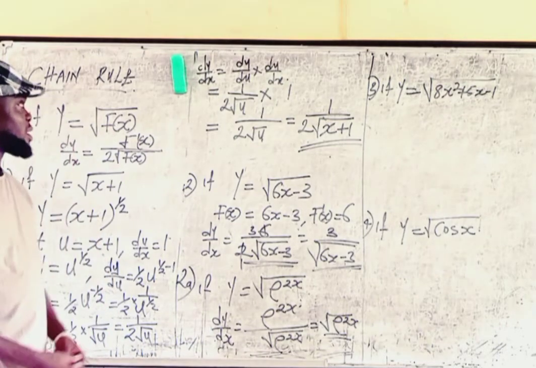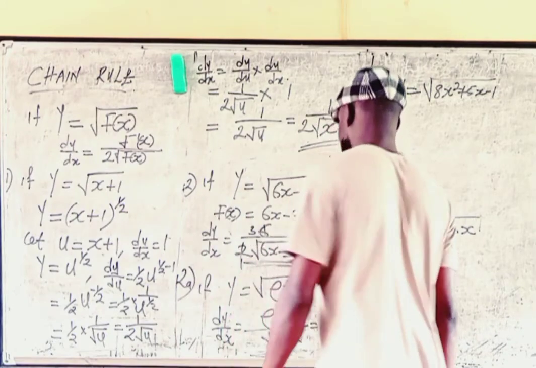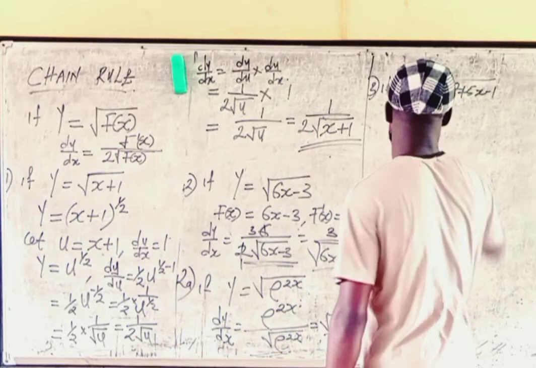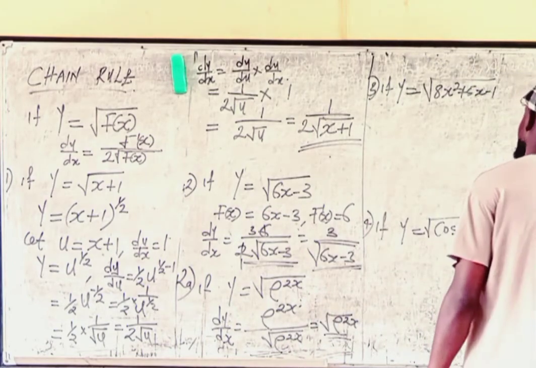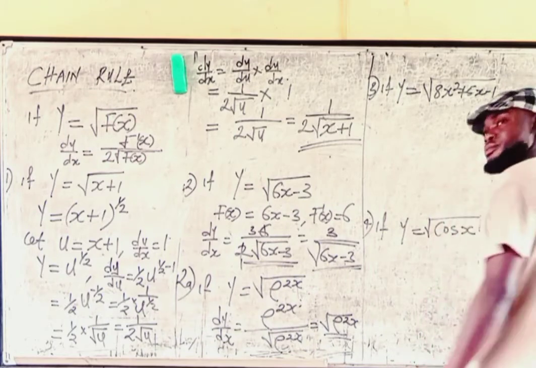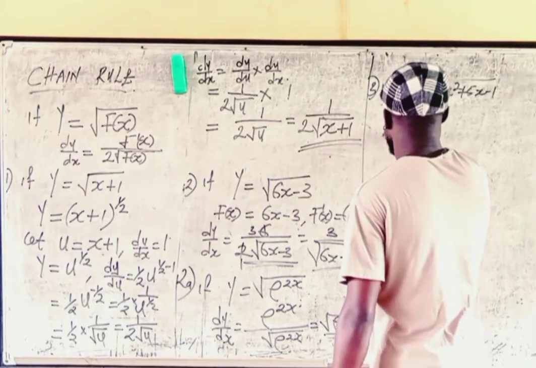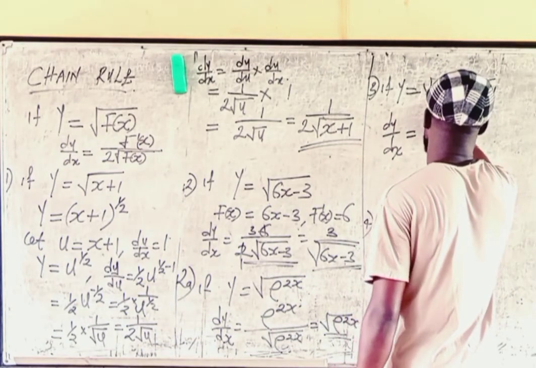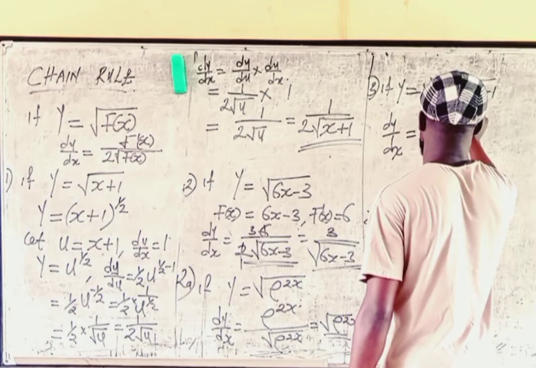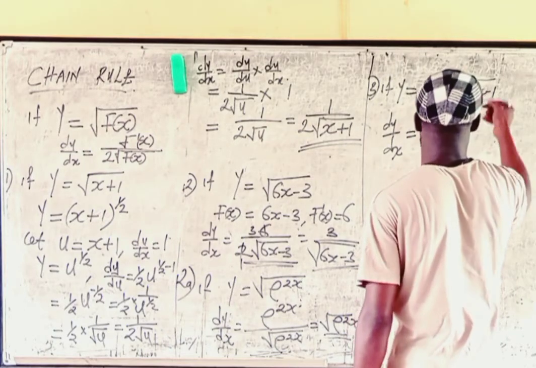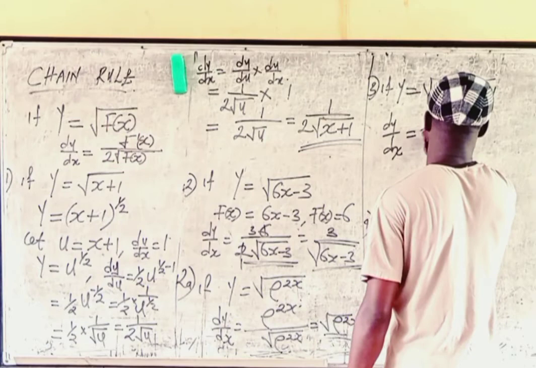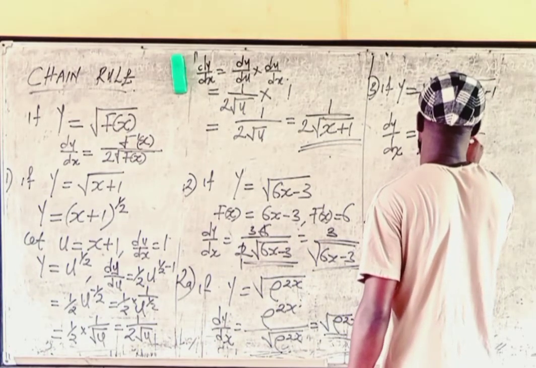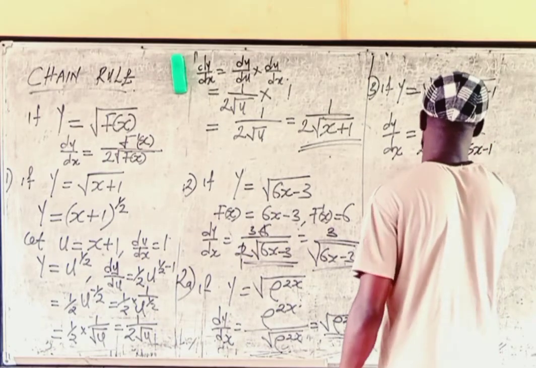So the next question. Let's say we have y equal to the square root of 8x squared plus 5x minus 1. dy/dx will be equal to differentiating inside the bracket: differentiating 8x squared is 16x, plus differentiating 5x we have 5, and differentiating 1 is 0, over 2 times the expression, which is the square root of 8x squared plus 5x minus 1.